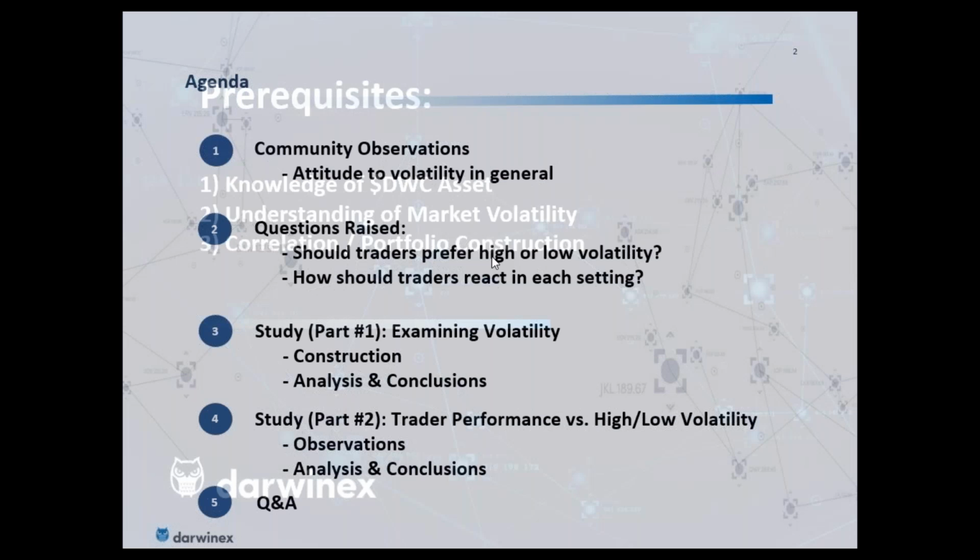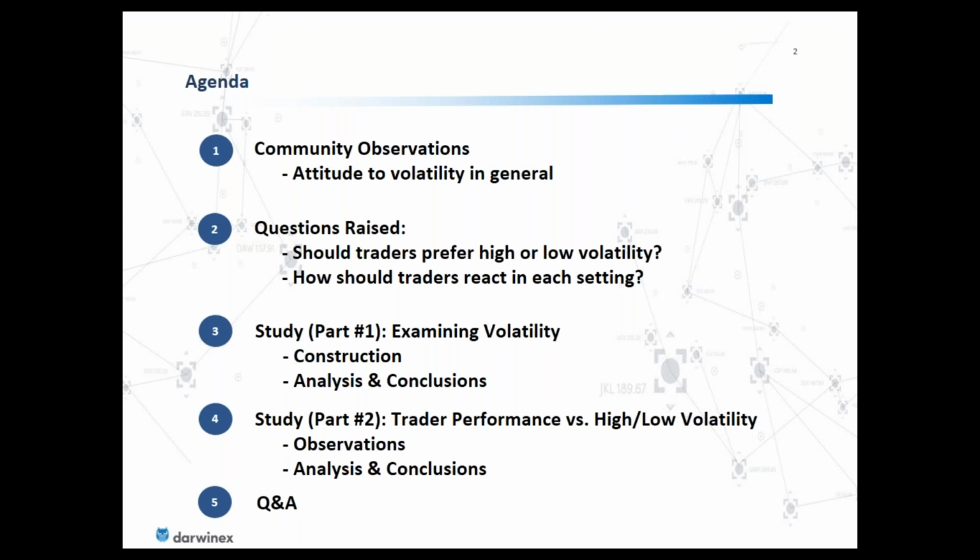Moving on to the agenda for today, in terms of what we'll be discussing, obviously trader performance versus market volatility. We'll start off with some community observations based on our own data, what views and behaviors we've observed in the community, and in particular the community's attitude to volatility in general, their perceptions, attitudes, and engagements when it comes to volatility. We'll discuss those.